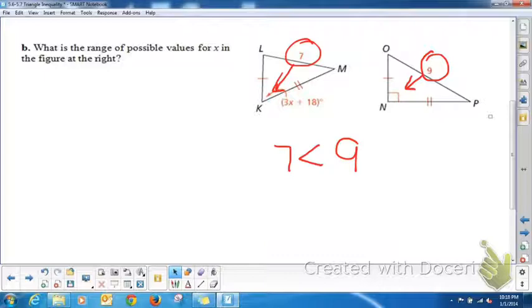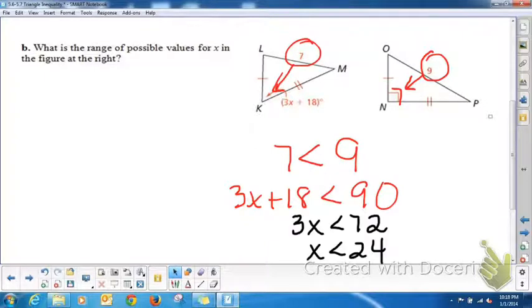Therefore, the angle across from 7, 3x plus 18, has to be less than this angle, which is 90. So solve this inequality. When you solve this inequality, you would subtract 18 and then divide by 3. So x is less than 24. So x would have to be any number between 0 and 24. That would be our possible range of x values for this figure at the right.